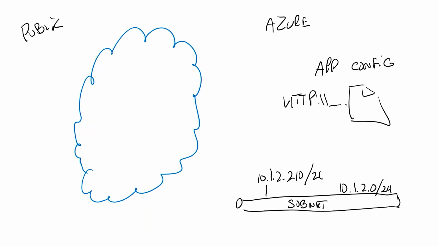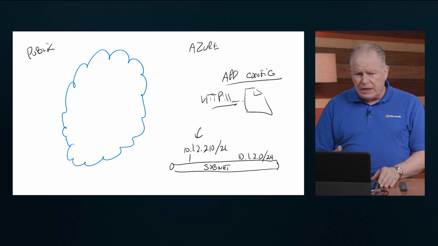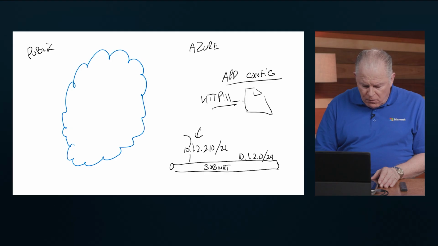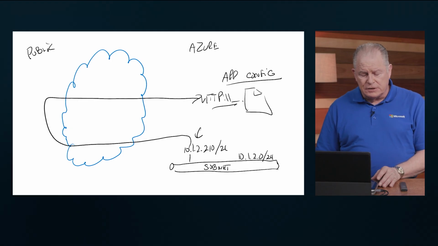So if you take a look at accessing your app config information, I just showed you that it is publicly addressable. Whether it's a virtual machine, an app service plan, or a container, you don't want it to have to traverse that HTTP communication.